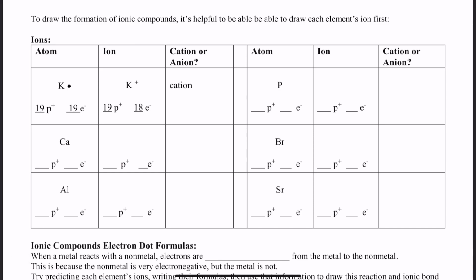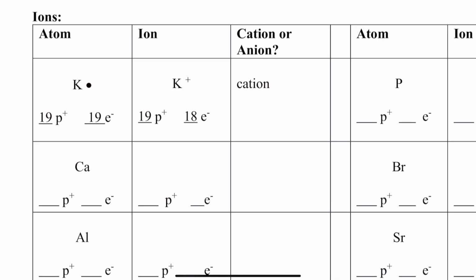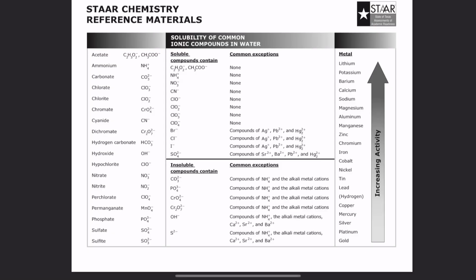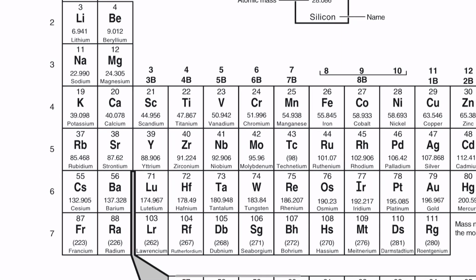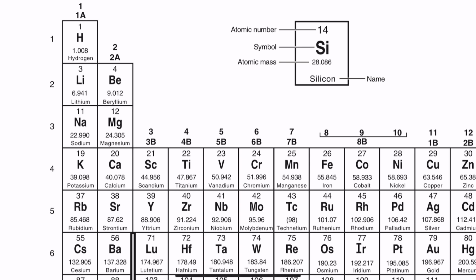Before we do this, it's really helpful to be able to draw the ion of each element. So you want to know what the original element looks like, how many protons and electrons there are, and what the Lewis dot structure of that individual element might look like as well. For example, potassium is element number 19. We can look on the periodic table here that potassium is indeed number 19.